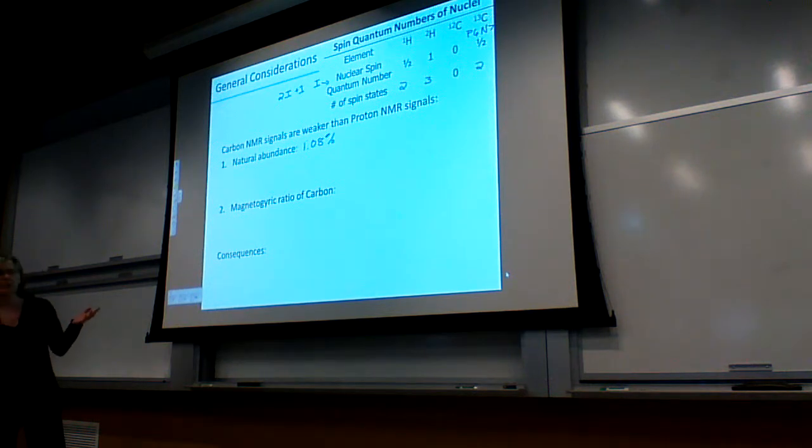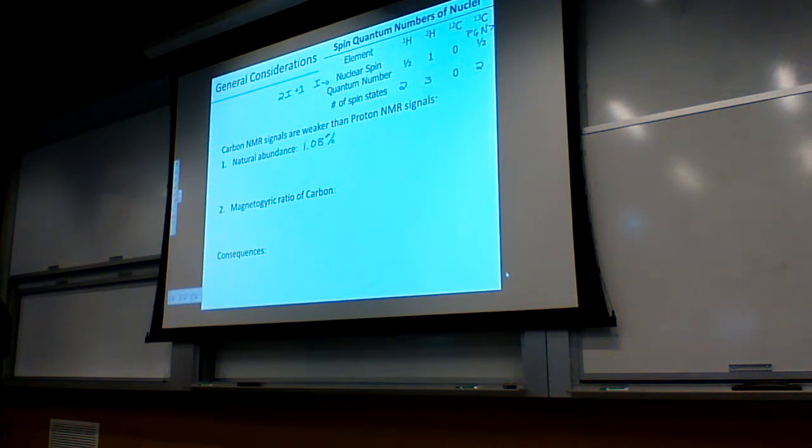So if you have a naturally occurring sample, then you're going to have probably just 1 carbon that may be carbon-13 in the entire molecule. So if we have 10 carbons in the molecule, one of them might be carbon-13, but it's going to be really unlikely that you're going to have more than 1 carbon-13 in the same molecule.